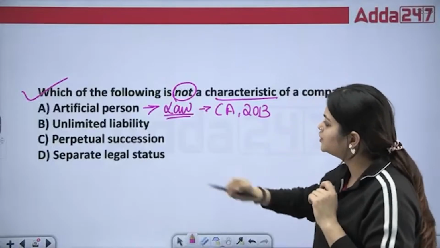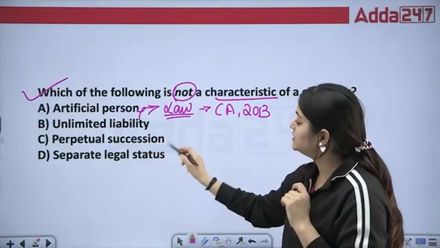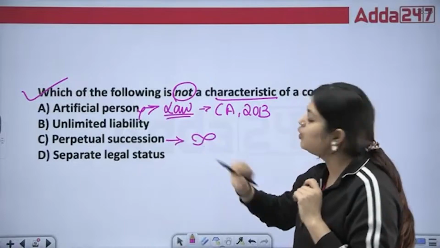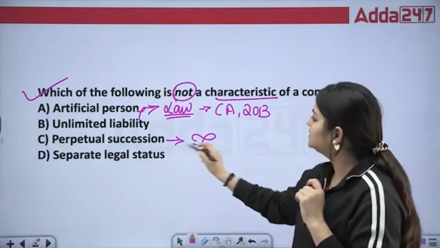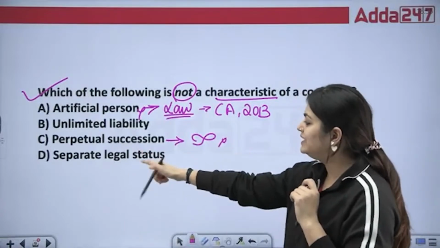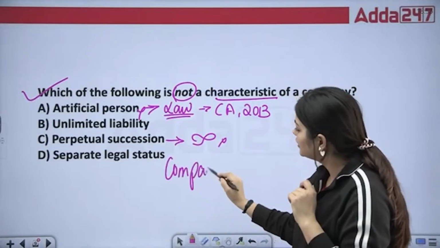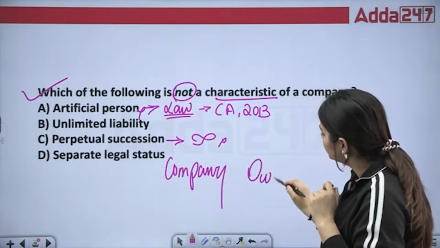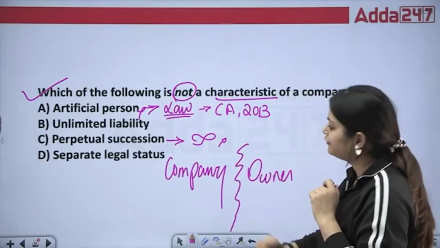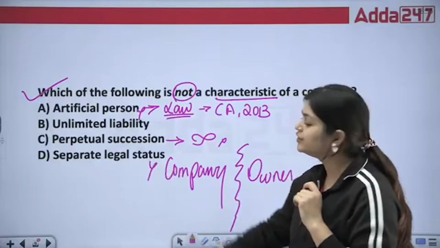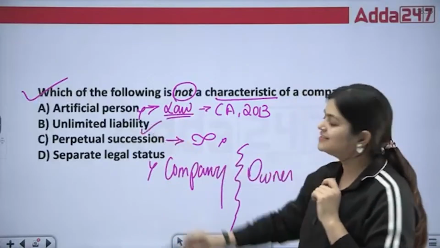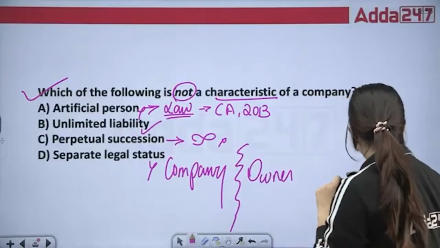So this is one of the features, not your answer. Perpetual succession: your company will go on till infinity. Again, this is one of the features. Separate legal status means your company and your owner are different. Again, this is one of the features. So the correct answer is unlimited liability.